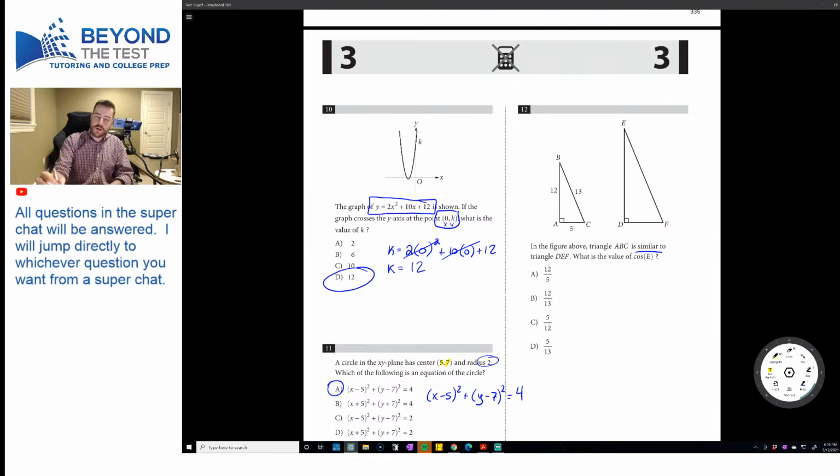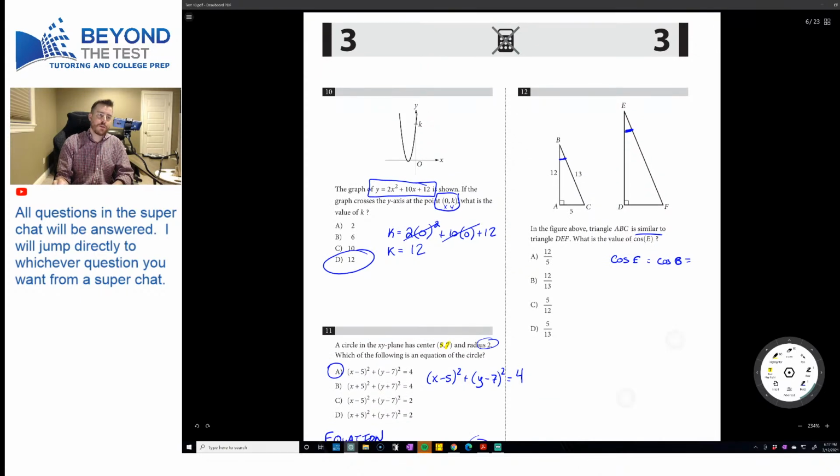So if I'm looking for the cosine of E, E corresponds with angle B over here. Those two angles are congruent, so they have the same measure. So the cosine of E is the same thing as the cosine of angle B.